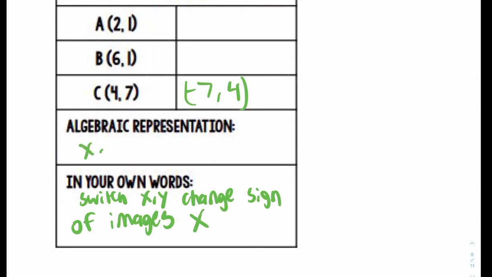That means x comma y is what we're going to start out with. Then we're going to switch them to be y comma x. And then whatever is in the new spot for x, for us it's going to be the old y. You're going to change the sign of it.